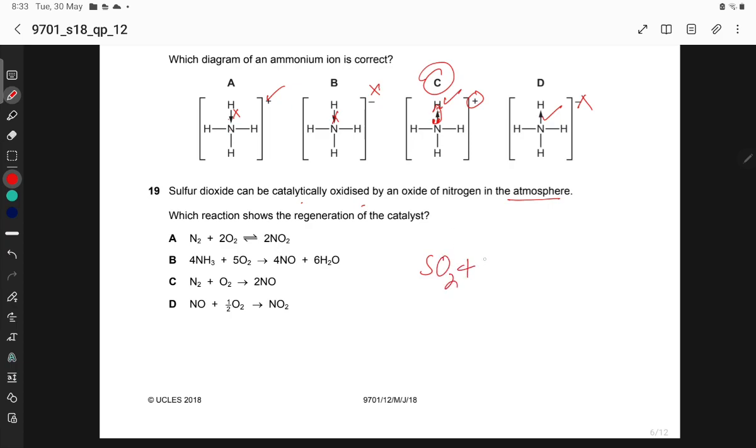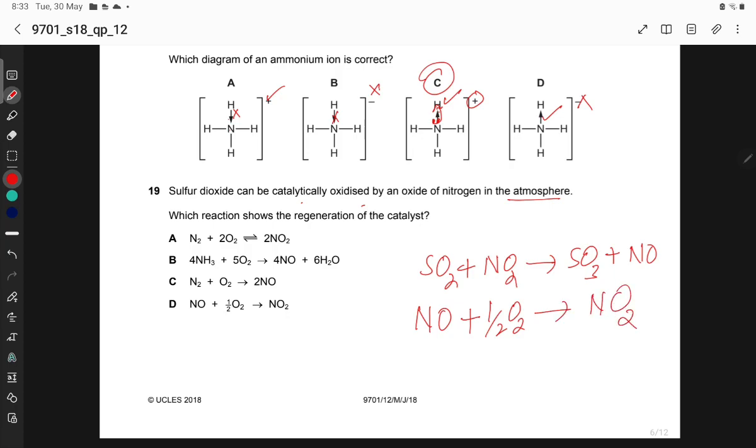Sulfur dioxide is catalytically oxidized by nitrogen dioxide, NO2, to form SO3 plus nitrogen monoxide. Nitrogen monoxide is further oxidized in the atmosphere to form nitrogen dioxide. So nitrogen dioxide is regenerated in this reaction. So D option is correct.